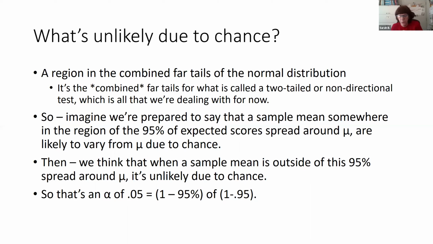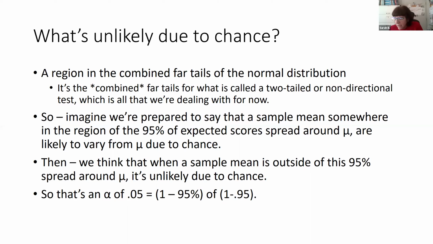The normal distribution, I think on the next slide, has two tails and its body. And these are the far tails, where values rarely occur. We're only going to be talking about what's called a two-tailed test, a non-directional hypothesis or a non-directional test, which is where we're just looking for, does our value equal or not equal the expected value for the population?